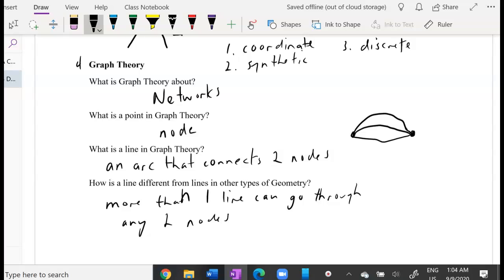You can't have 2 lines through 2 points, if you're talking about straight lines, because in every other geometry lines are considered to be straight, but in this geometry, these lines are arcs. They can be curved, so there can be many, but there can only ever be one line going through 2 points in every other geometry. And by the way, this is a little hard to read, but this is an N.